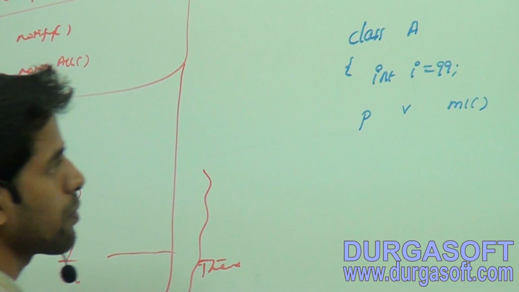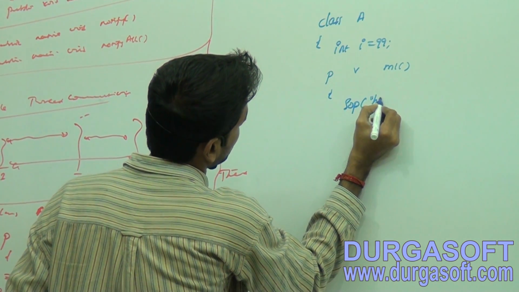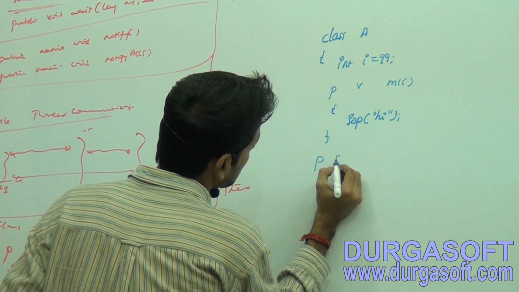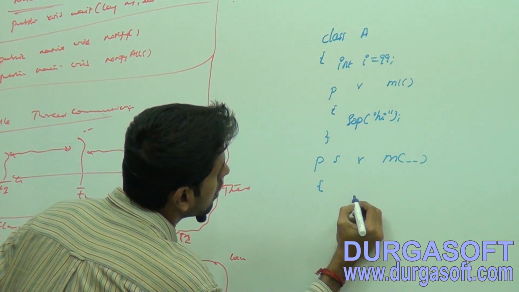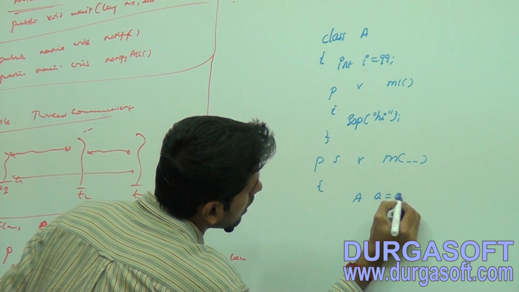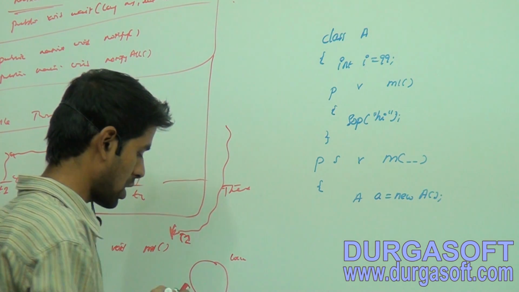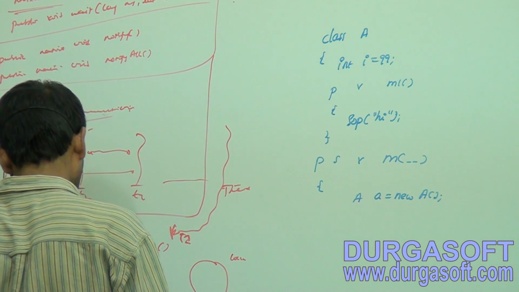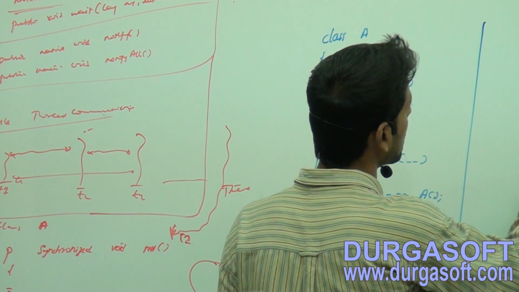Inside it, SOP of i. Now within public static void main(String[] args), create an instance for A. What is the meaning of this particular statement? Even you guys are aware of that.